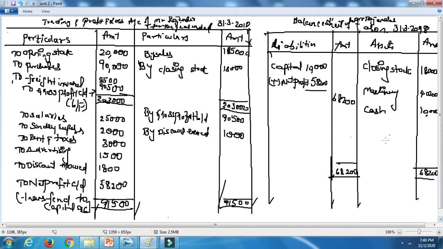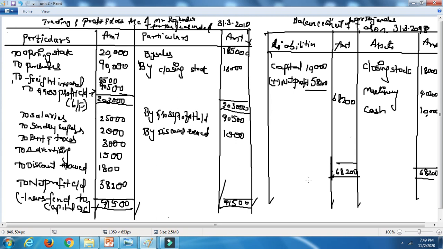So over here, if you total up both the sides, 18,000 plus 40,200 will be 58,200, plus 10,000, it will be 68,200. Now if both the sides are equal, that means whatever you have done is right. The trading account, gross profit, net profit, whatever you have posted, everything is right accordingly. If at all some mistake is there, it should show in the tally. If it is not tallying, that means you have made some mistake somewhere.